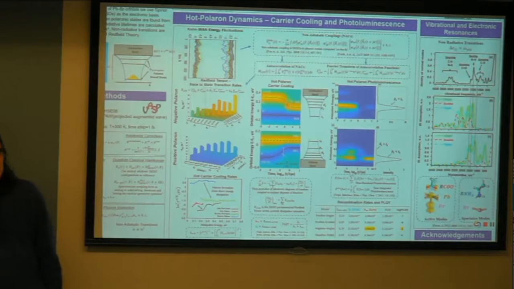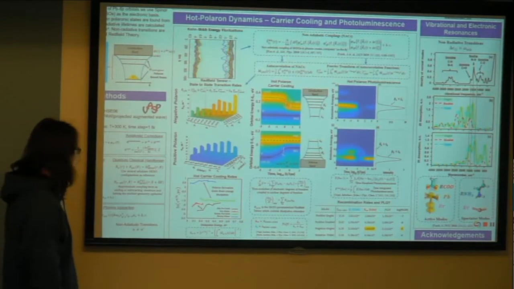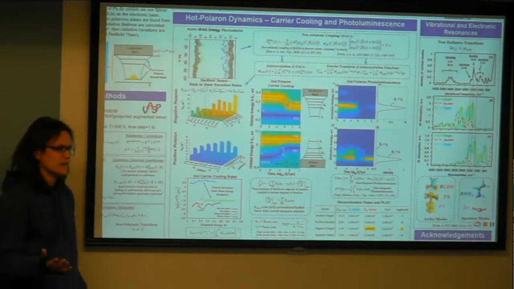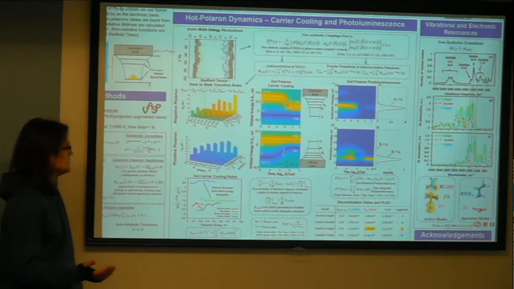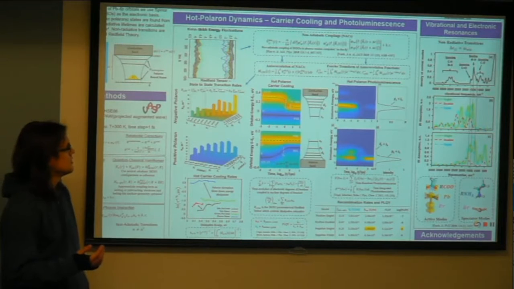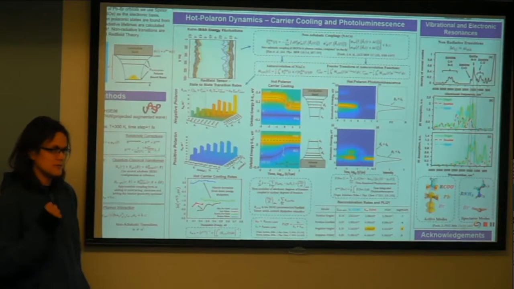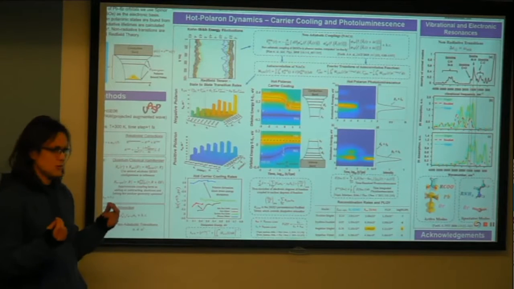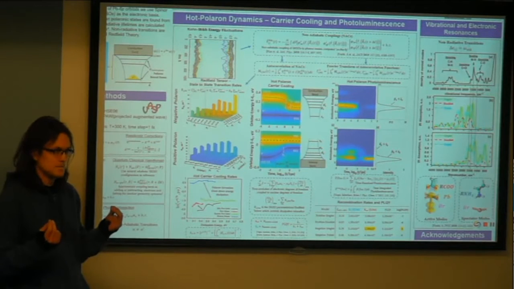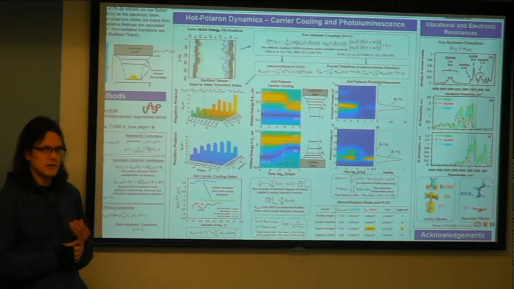So the takeaway message is that using our mixed quantum classical methodology, we can get reasonable results for polarons in these systems. And even though polarons are expected to screen phonons as part of the ionic crystal, if you have normal modes from the surface, from interfaces, those are going to impact the excited state dynamics as well.